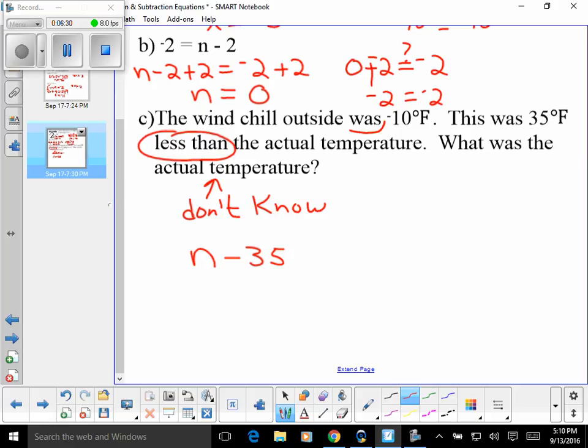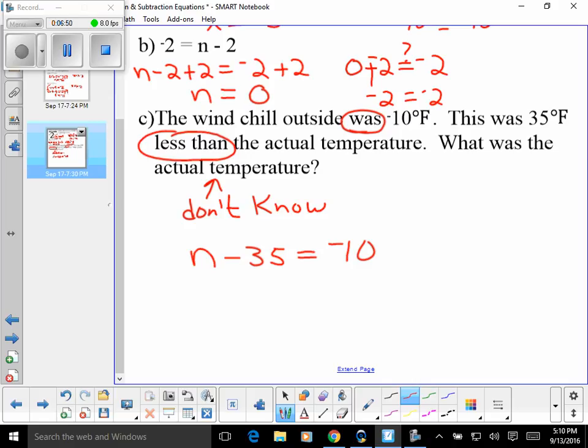Notice that you have this word was up here. That's a clue word for an equal sign. Is, am, was, were, has been, will be. Any form of that verb to be is actually replaced with equals. And in this case, it's negative 10.